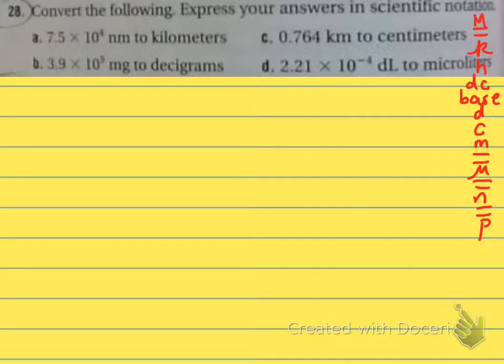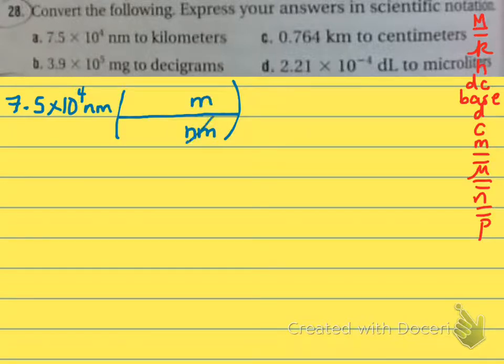So this first question says take 7.5 nanometers and figure out how many kilometers that is. So again, what I'm starting with is 7.5 times 10 to the 4th nanometers. Nanometers are going to go in the denominator. Meters are going to go in the numerator because that's what I'm converting for. Meter is larger.